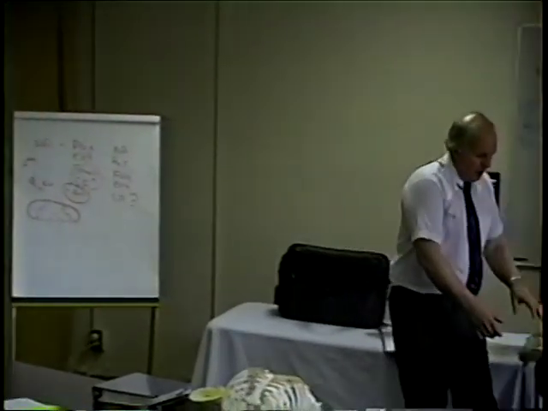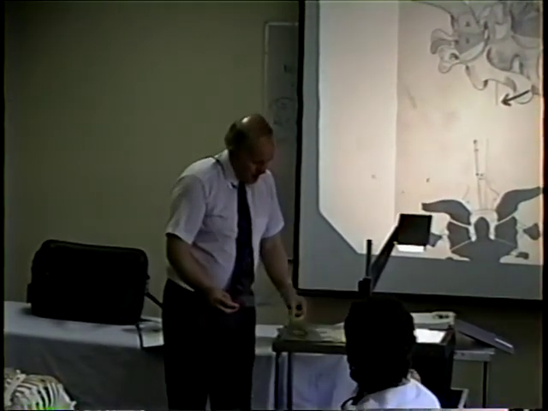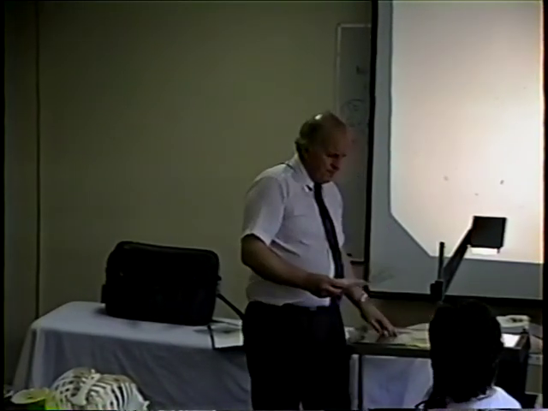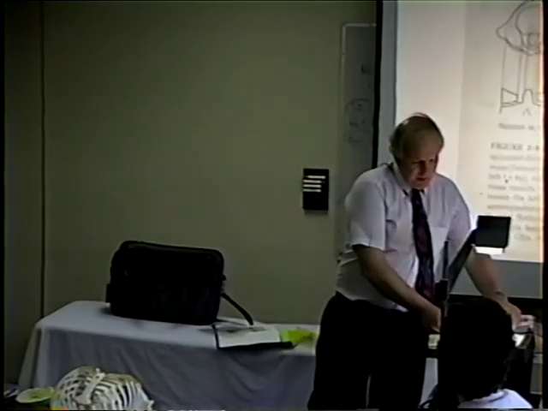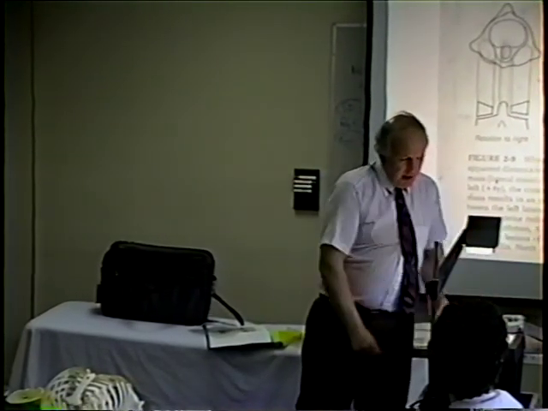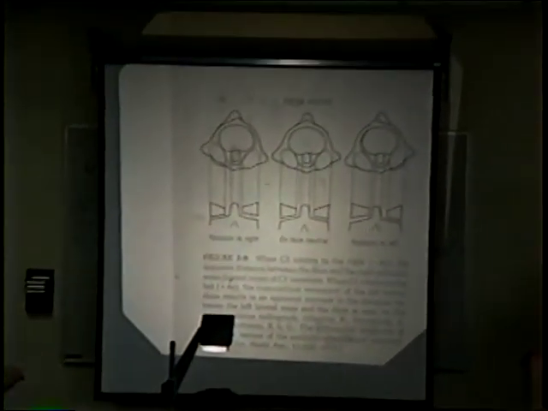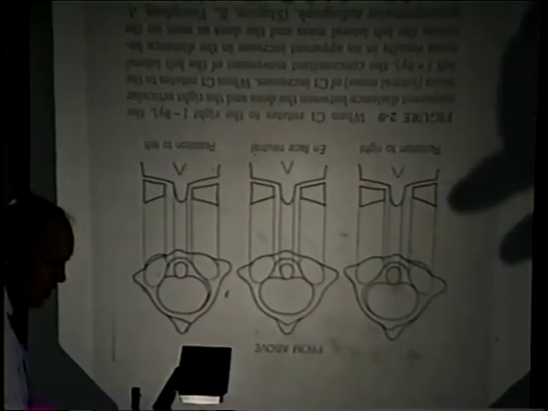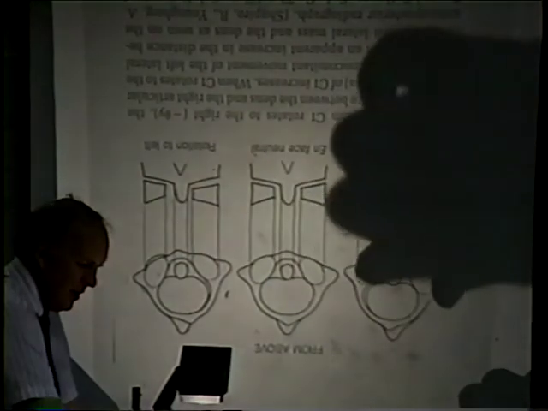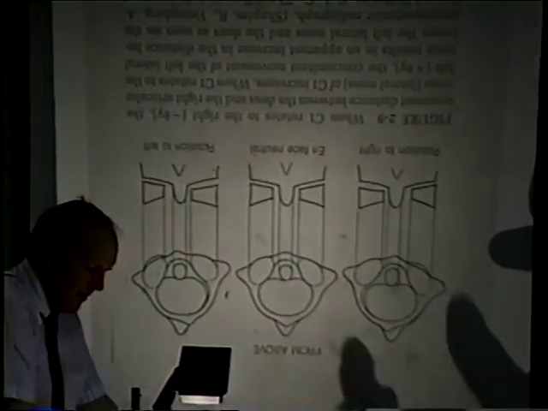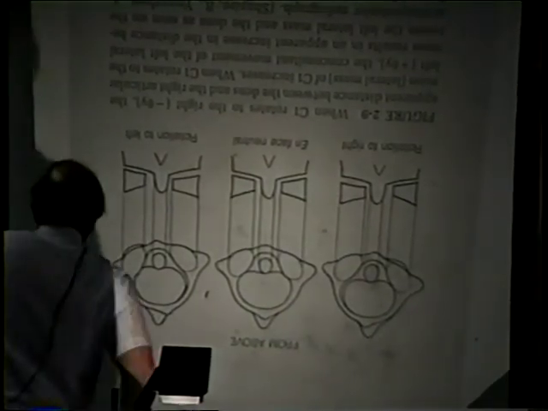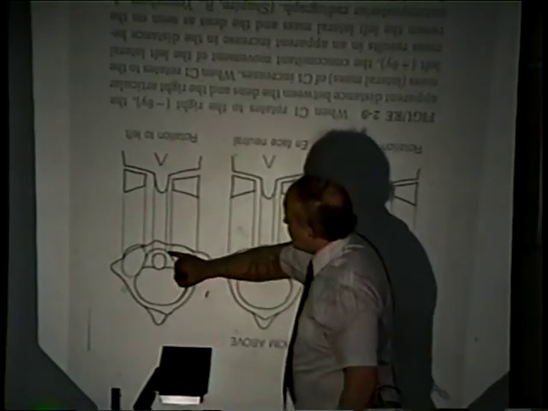Now then, the last thing on this sort of discussion is this. We talked about side bend. I'll put the picture up like this, and then I'm going to turn it around, because it's a little easier to understand if we put it this way around, looking at the bottom here. In this one, we've got a rotation to the left, as you see, of the atlas on the axis.